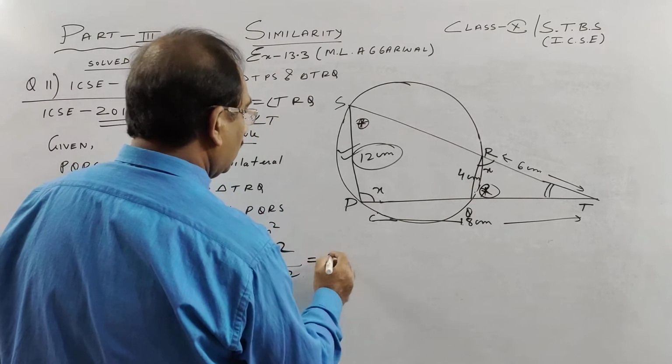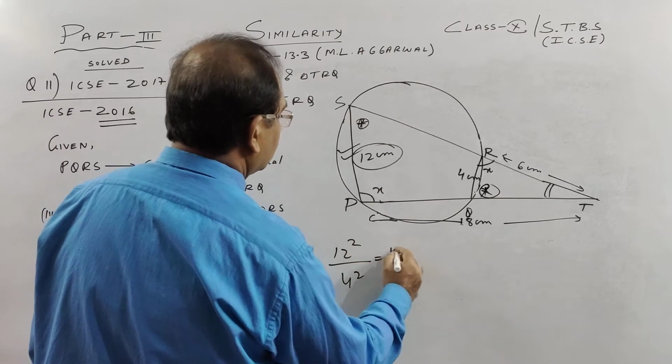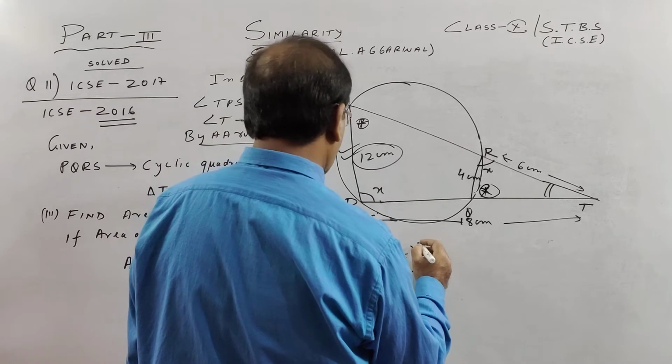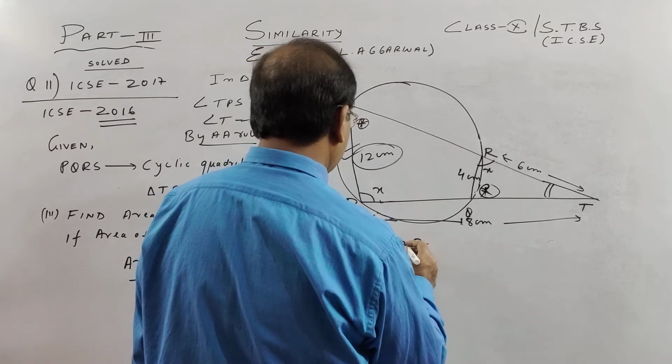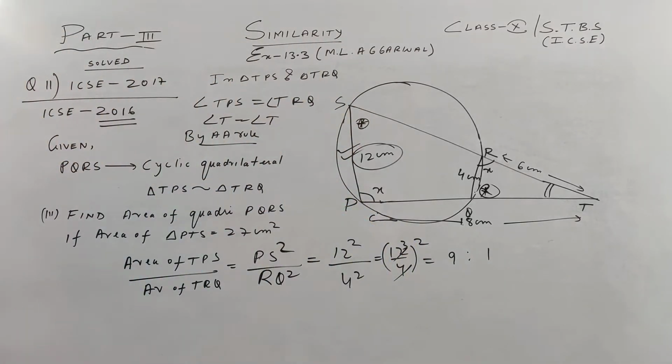So PS square is 12 square by 4 square. So this is 12 by 4, children. So take out the common 3 and square. So we get 9:1.